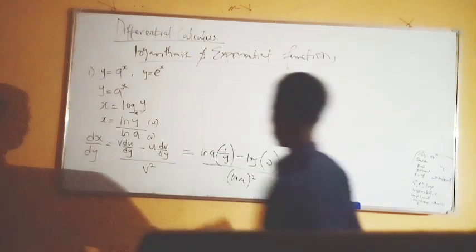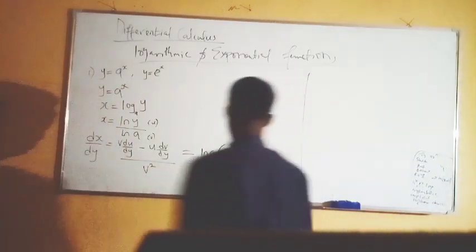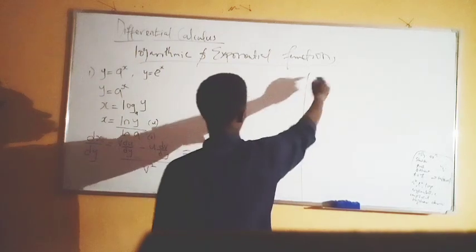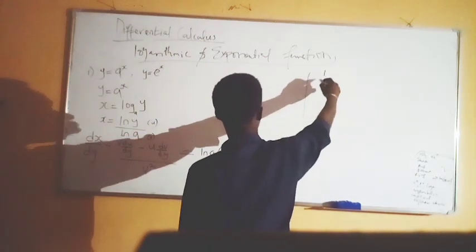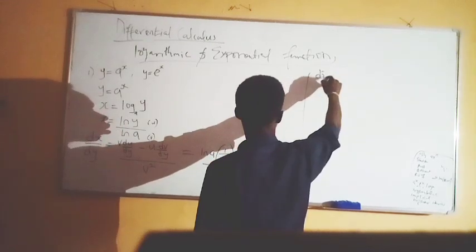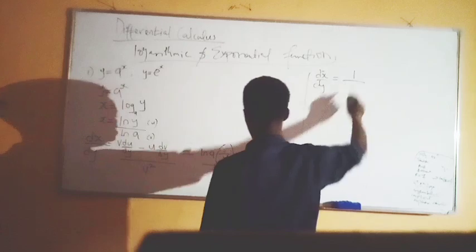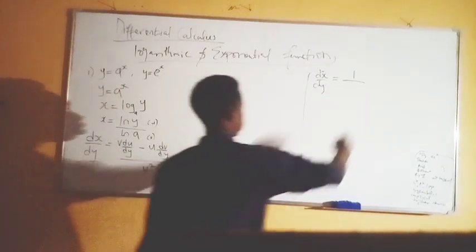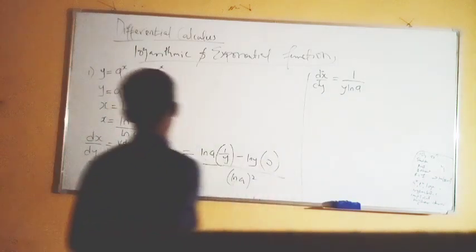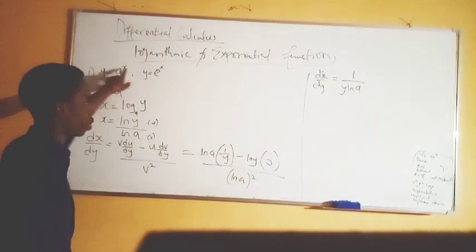If we look at this, we are going to get dx/dy as 1 over y ln a. But we are not looking for dx/dy, because the original function y is a function of x.